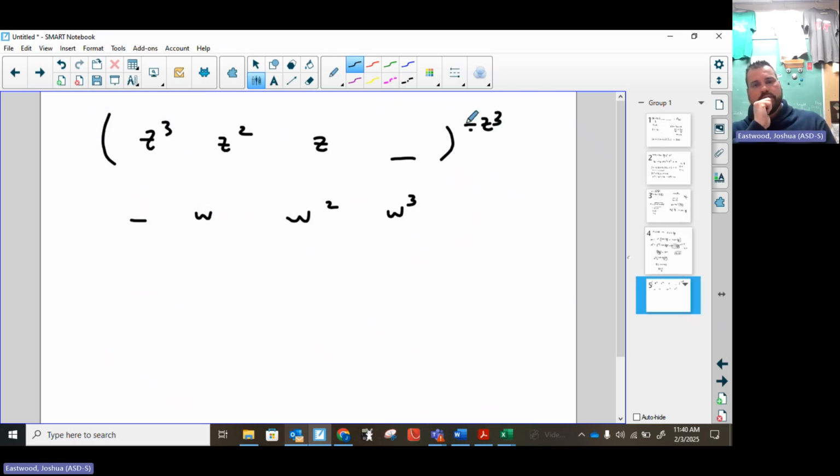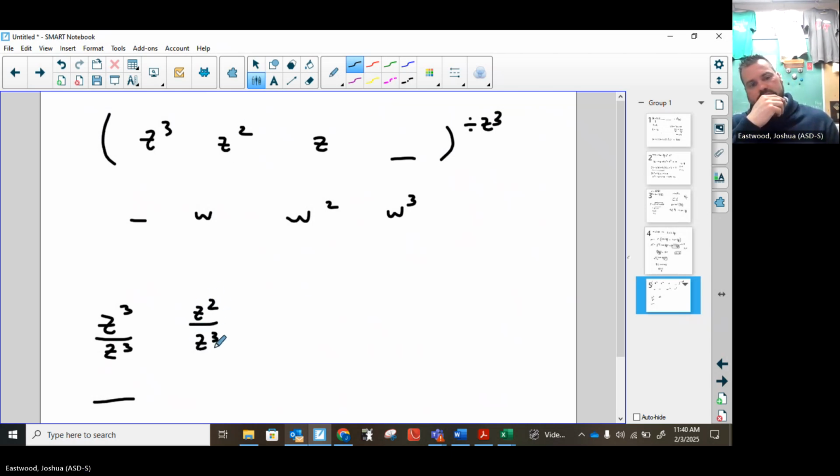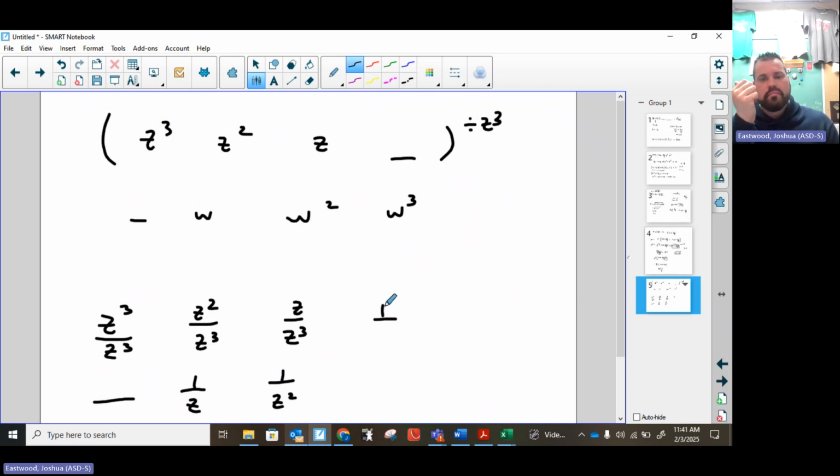Z cubed divided by Z cubed is just 1. It's Z to the 0. Z squared over Z cubed just gives me 1 over Z. Z divided by Z cubed gives me 1 over Z squared. And then a number divided by Z cubed leaves you with a number divided by Z cubed on the bottom.